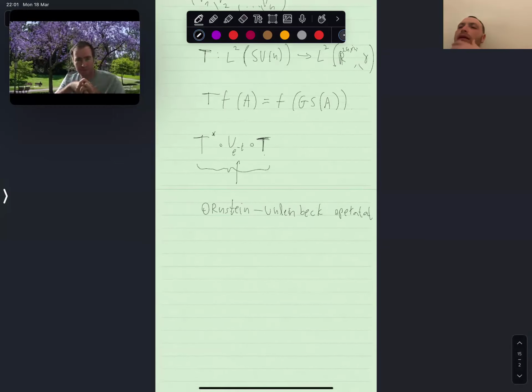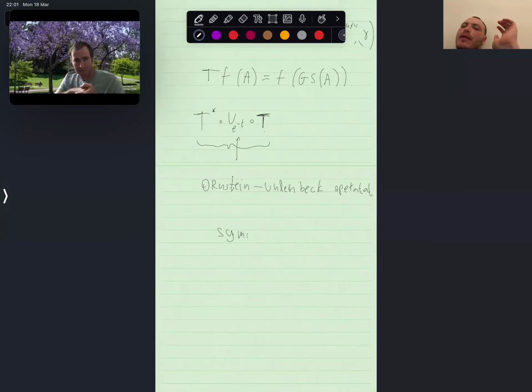There is an arbitrary choice of basis, so you can symmetrize this operator by choosing a random basis first and then applying this operator. And it turns out that when you do that, you can compute the eigenvalues. So that's the main challenge: to compute the eigenvalues of this operator.